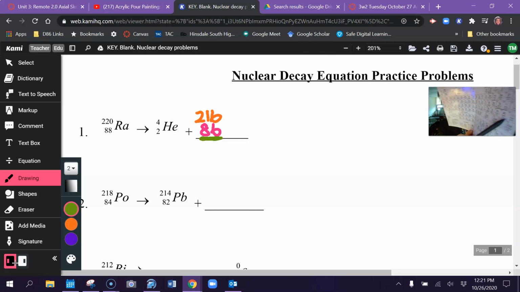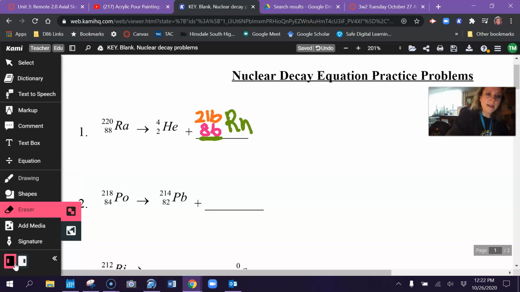It is right there, Rn, radon. And now my problem is done. So my isotope is radon-216. So radium-220 undergoes alpha decay and produces radon-216.